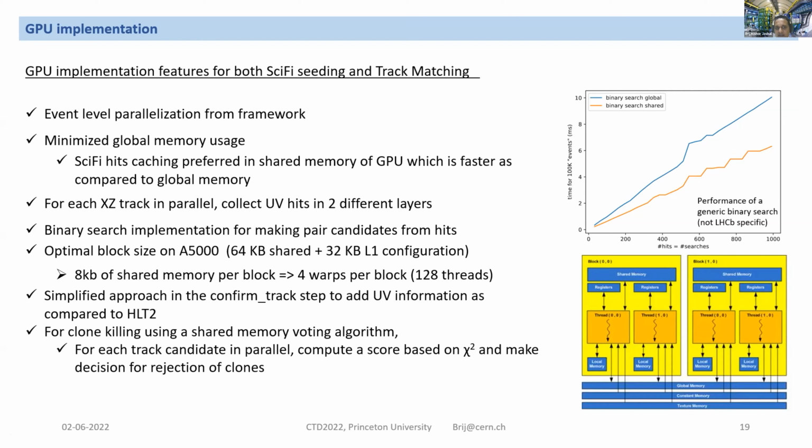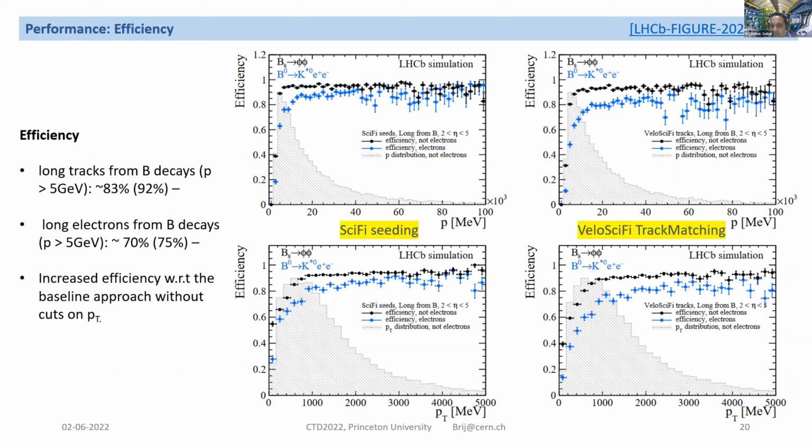For clone killing using the shared memory, a voting algorithm is deployed, and based on a certain computation of the chi-square, we make the decision of keeping or rejecting the tracks. So these are some of the salient features of our algorithms, which have allowed us to have the performance needed in order to place it at the HLT1 level.